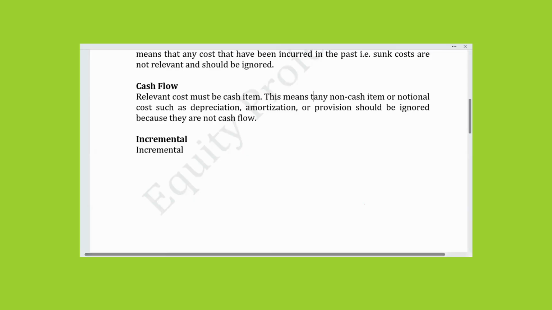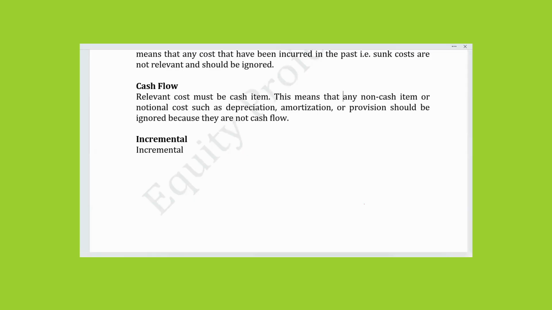This means that any non-cash item or notional cost, such as depreciation, amortization, or provision, should be ignored because they are not cash flow. Okay, thank you, Cynthia. Maybe I should slow down when I'm typing, right?